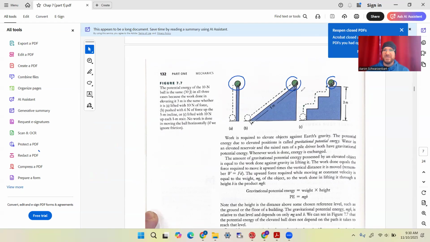They all have the same potential energy, which means the work was the same, because remember I said before that work is equal to change in energy. It was the same amount of work to raise them up to this top here, regardless of how I got it there.